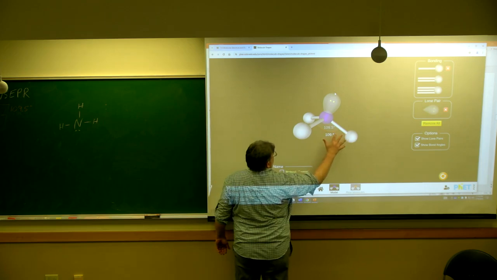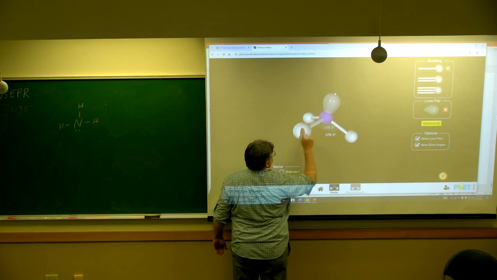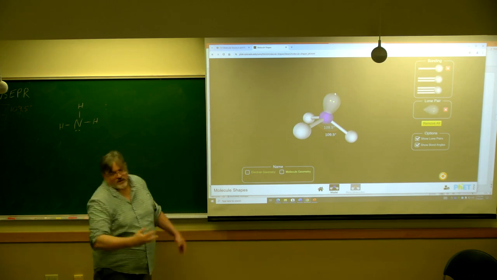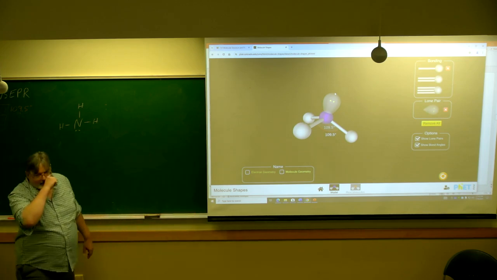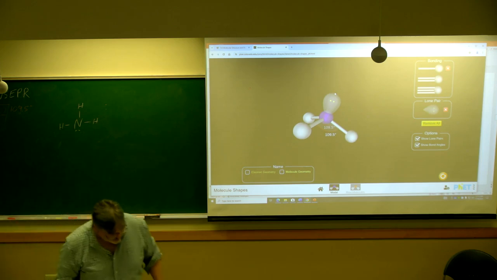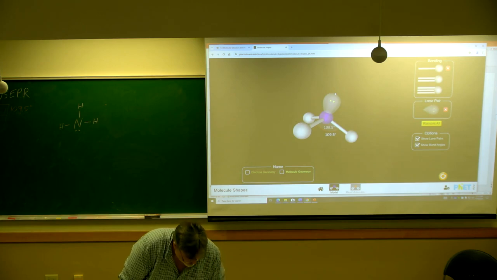But if you look at this as a pyramid, this is the apex of the pyramid, and these are the lower corners. The base of the pyramid is triangular, and it's shaped like a pyramid. Spelling wise, you have to say pyramidal, I guess. I say pyramidal a lot. They spell it that way. Trigonal pyramid, aka trigonal pyramidal.